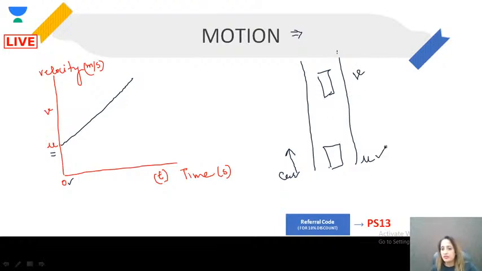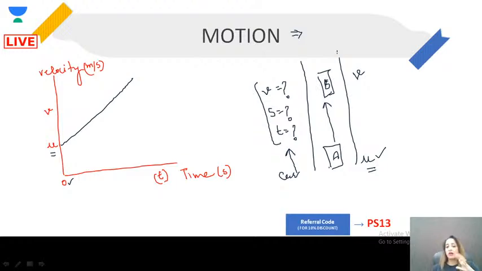It is moving with certain velocity, certain acceleration, change in velocity is happening. All right, so we want to calculate what is this final velocity, what is the distance covered by the object from here to here, and how much time is taken by the object to move from position A to position B.